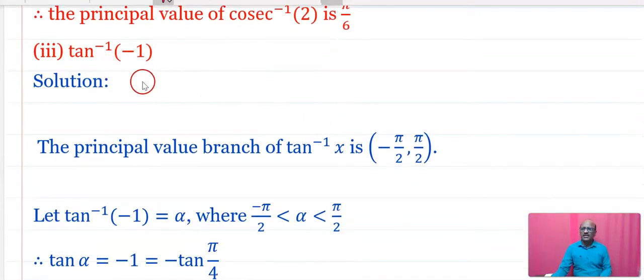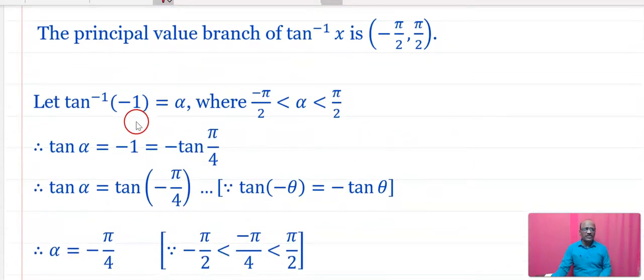Tan inverse of minus 1. The principal branch of tan inverse of x lies between minus pi by 2 to plus pi by 2. Tan inverse of minus 1 is equal to alpha, where alpha lies between minus pi by 2 to plus pi by 2. Tan inverse of minus 1 can be written as minus tan of pi by 4.